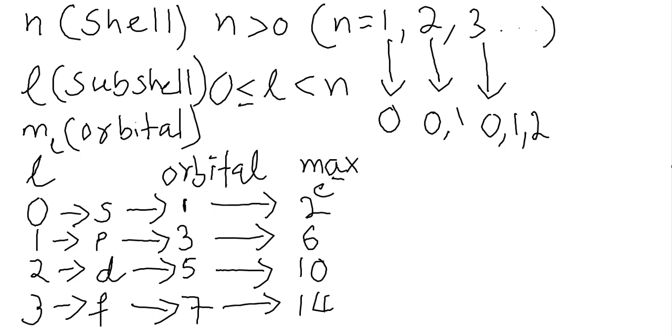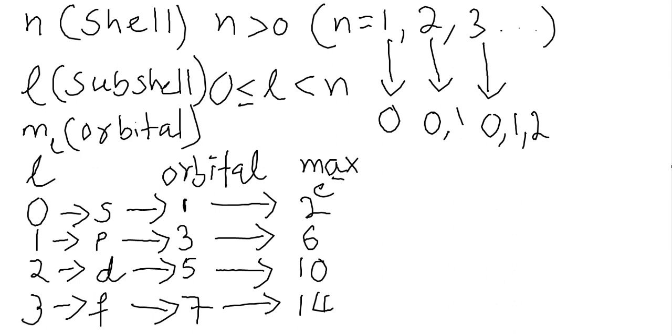With this information, we can actually write down the electron configuration of atoms. And when we write down the electron configurations, we are basically assigning an address to every electron in an atom. For example, a carbon atom has 6 electrons. Where exactly do those electrons reside? In which shell do they reside?